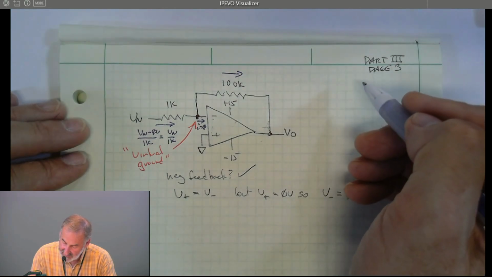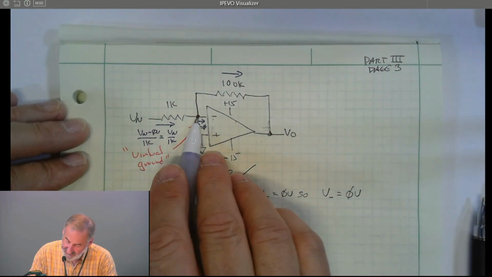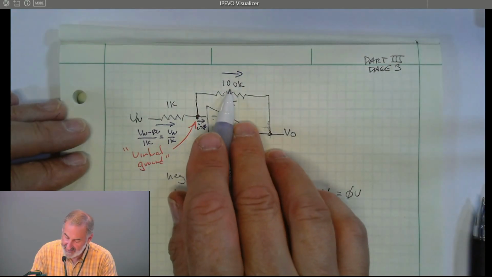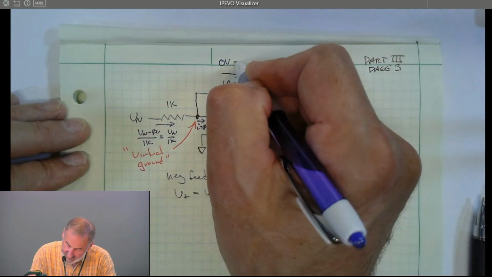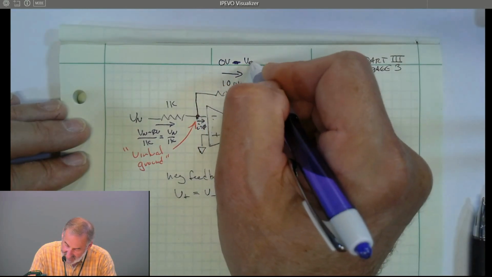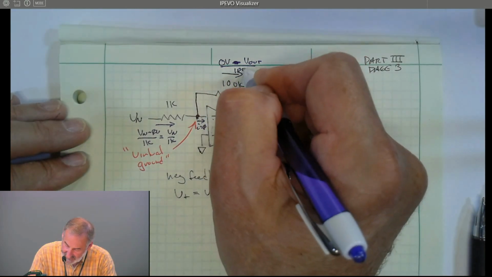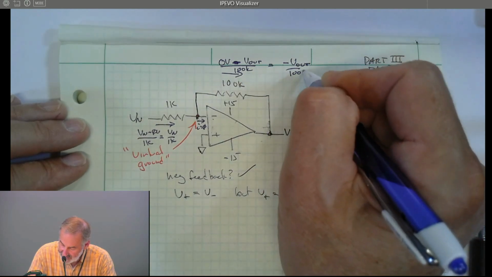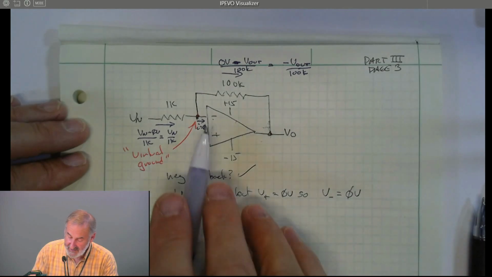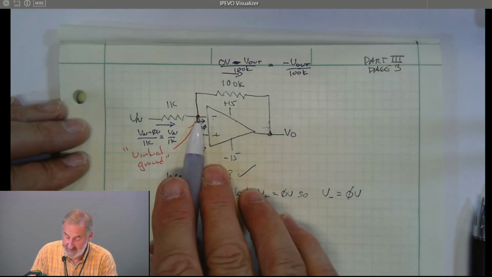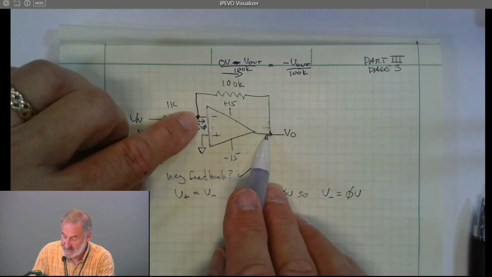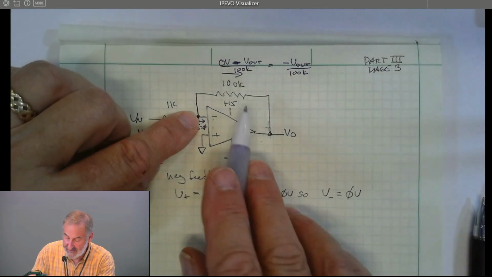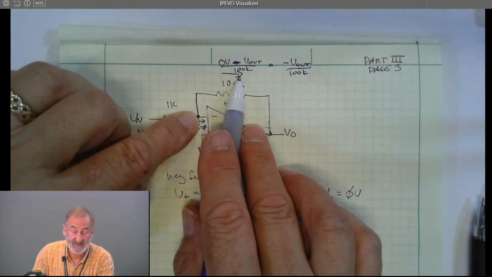Well, what's this current? This current is this voltage minus that voltage divided by that resistor. That's 0 volts minus V out over 100K, which is equal to minus V out over 100K. Everybody agree with that? The op amp's got to keep this at 0 volts. If that's at 0 volts, the voltage across here is minus V out, at least in the direction I drew the current.